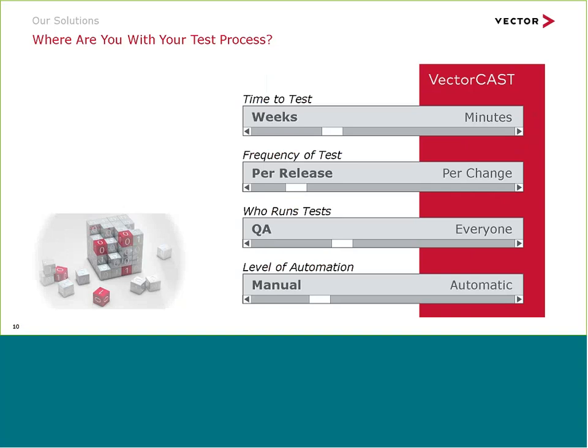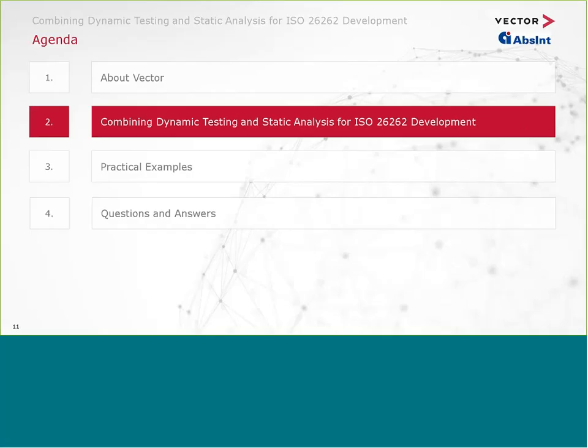It's therefore important to know what the testing process currently looks like and how it could be improved. VectorCast reduces the time needed for testing through tool-supported test creation and wide-ranging automation. It increases the test frequency and enables every developer to check his code changes immediately. VectorCast moves all these controls to the right.